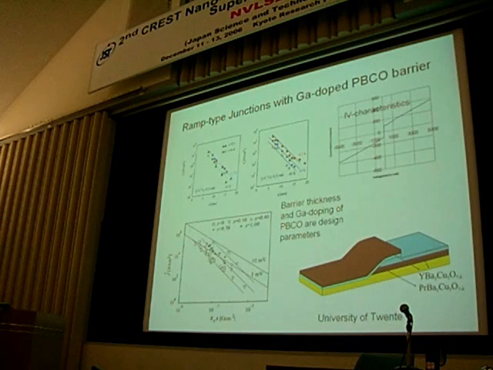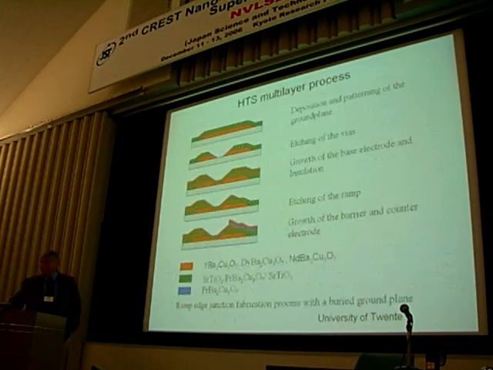The gallium doping just changes the transport characteristic for the single particles, for the electrons, and not for the Cooper pairs. So one has two degrees of freedom: one changes the doping for the normal resistance, and one changes the barrier thickness for the Cooper pairs. And that is something which actually worked out quite well.